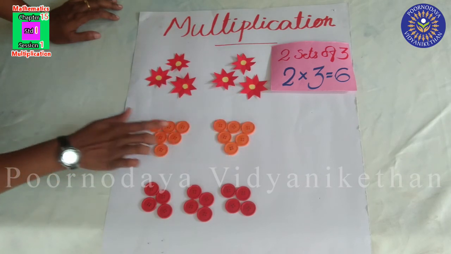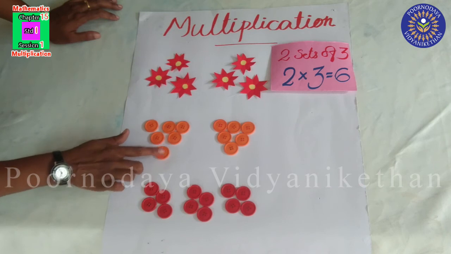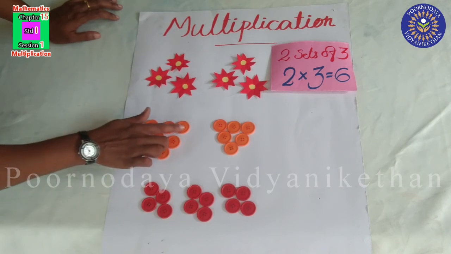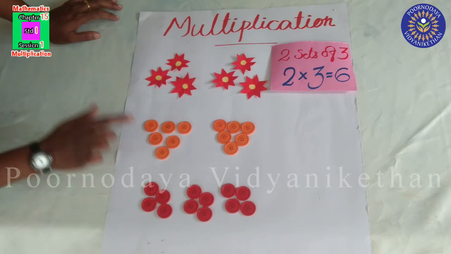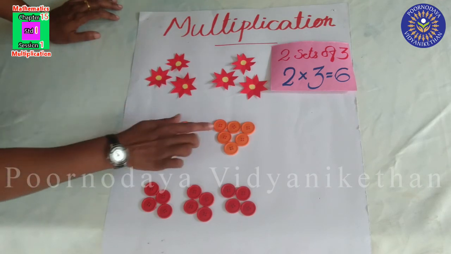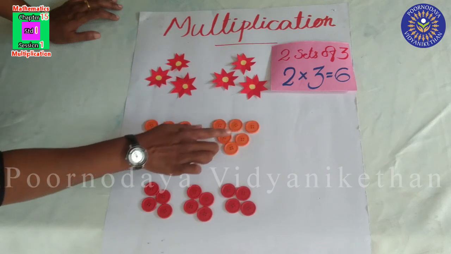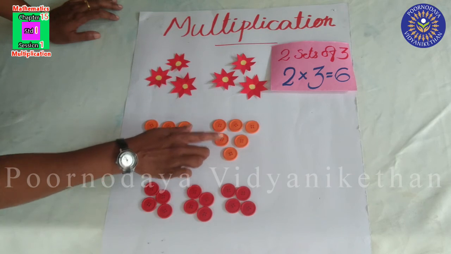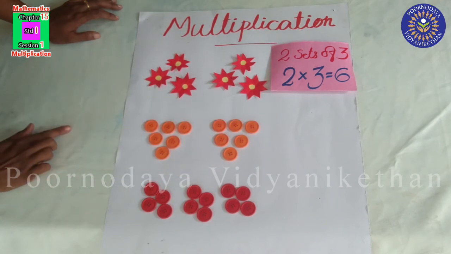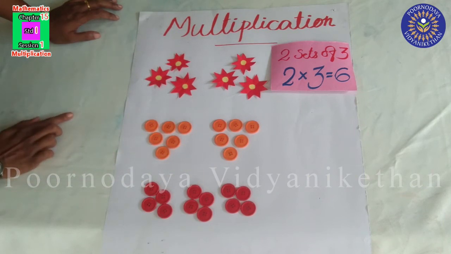Now look at this second group. There are some buttons. 1, 2, 3, 4, 5, 6 buttons. In the first group, there are 6 buttons. Look at the second group. 1, 2, 3, 4, 5, 6. Total 6 buttons. See here, 2 groups of 6 buttons.